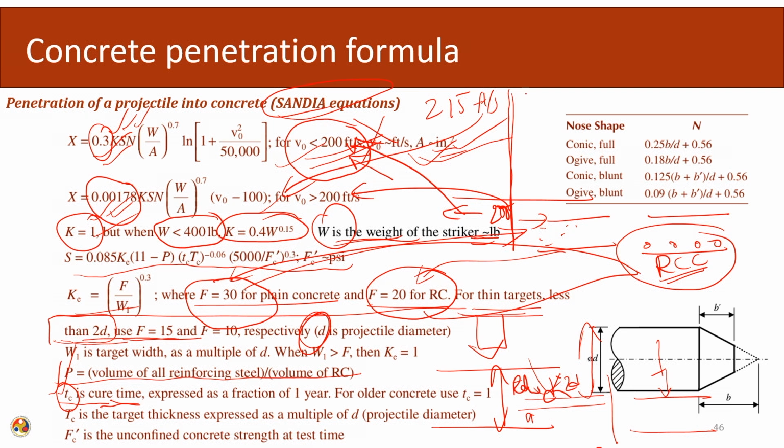We know that concrete gains its strength over a period of time. Normal concrete gains 66% of its strength in around 7 days. The normal strength of the concrete that we consider is at 28 days, but after 28 days also it keeps on gaining strength.